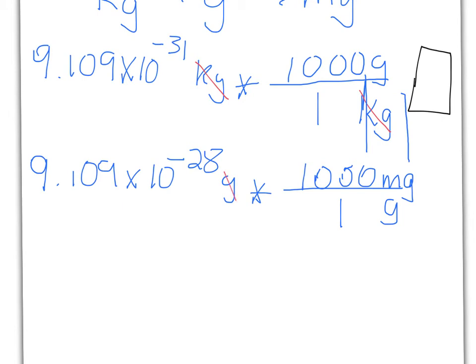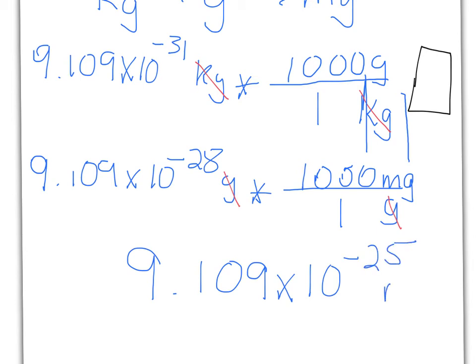So our grams cancels out. We multiply that out to get our answer of 9.109 times 10 to the negative 25th milligrams.